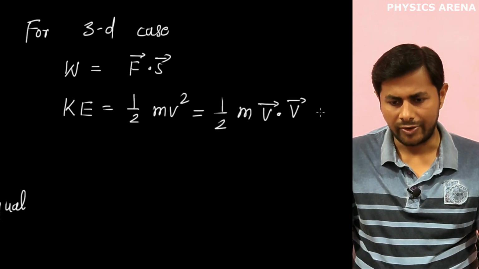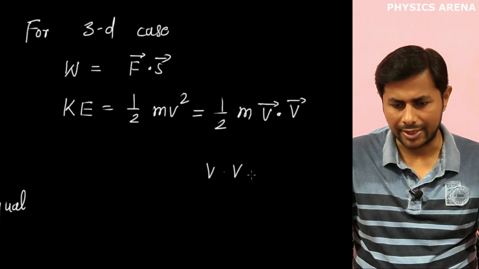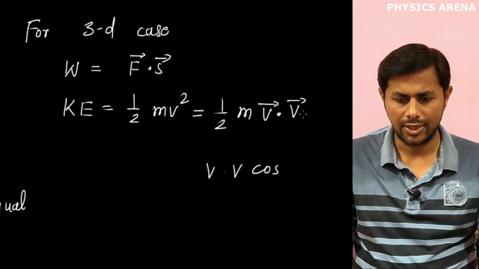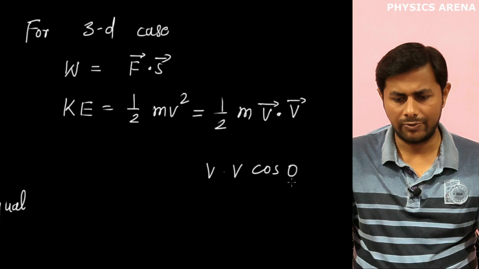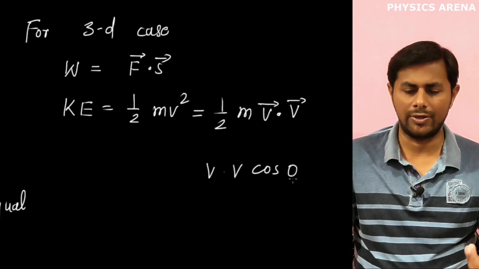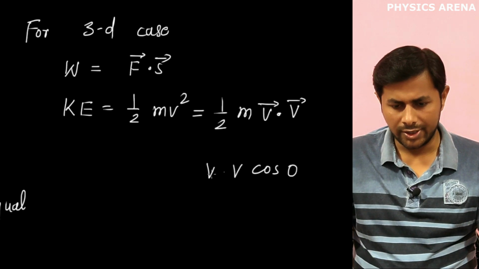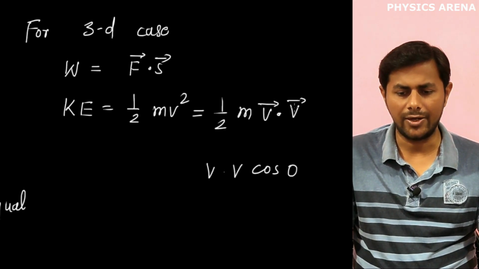Why? Because it is the magnitude of the first vector, times the magnitude of the second vector, multiplied by the cosine of the angle between the two. And what is the angle between v bar and v bar? It is 0, and we know that cos of 0 is equal to 1. So that's why this is equal to v squared, and therefore I can write it as v bar dot v bar.